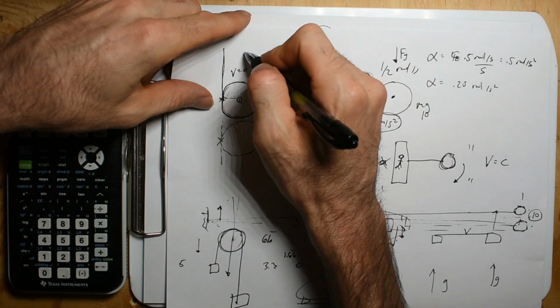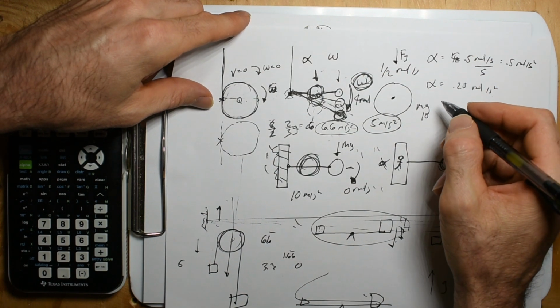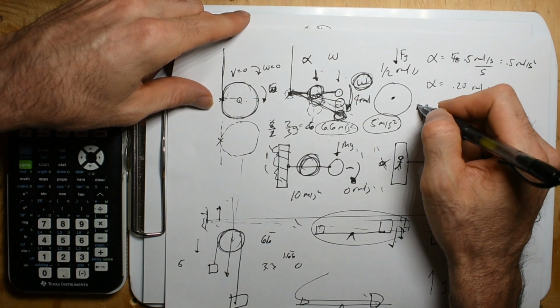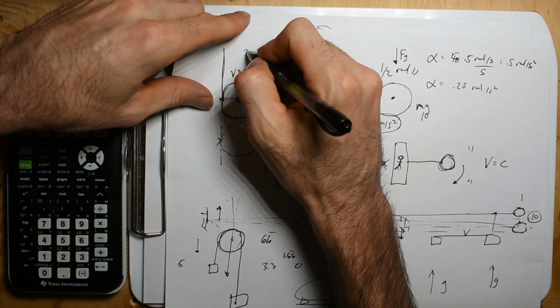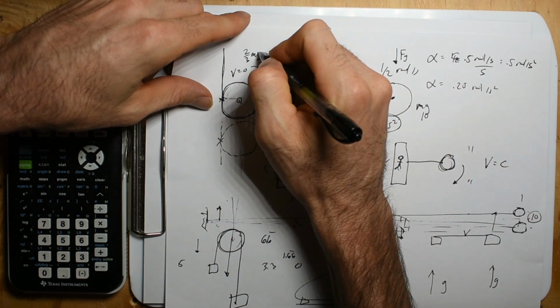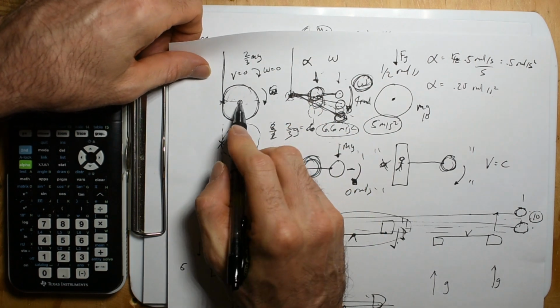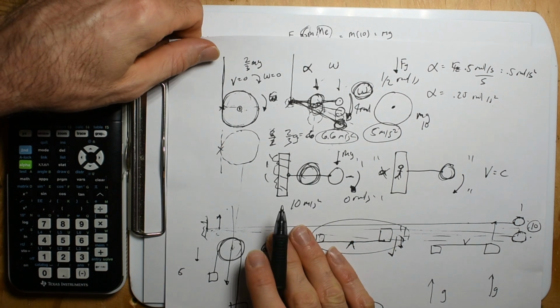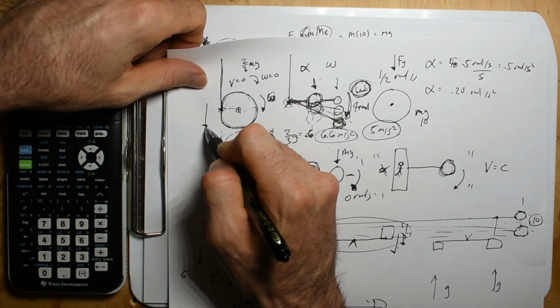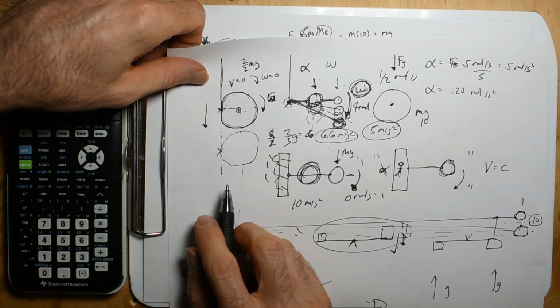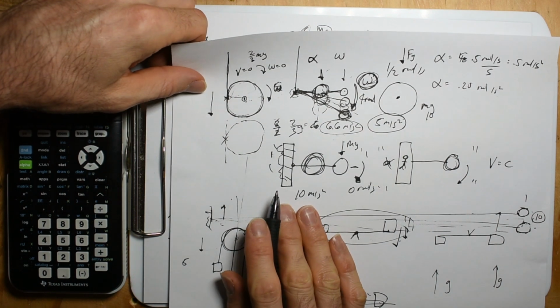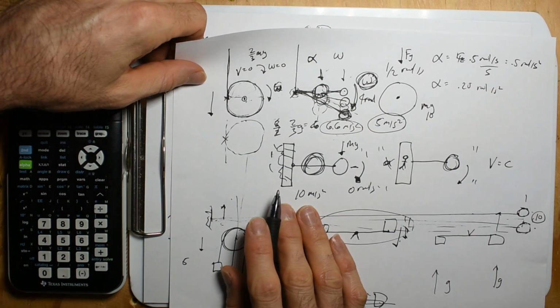So then I would say, well, hey, it looks like the driving force isn't mg. It's going to be 2/3 mg, because this whole thing is falling at a rate. So that's kind of interesting.